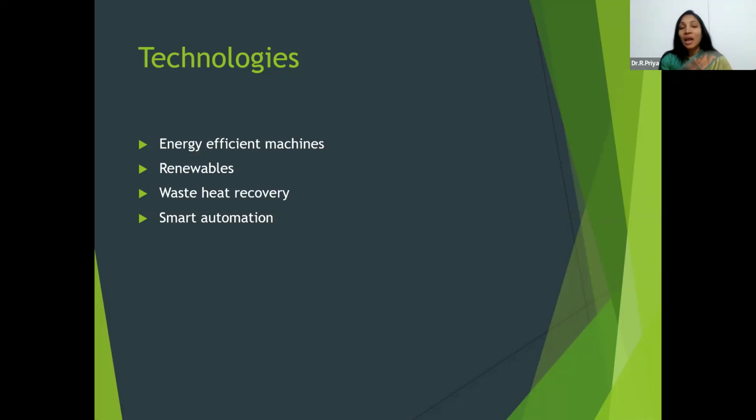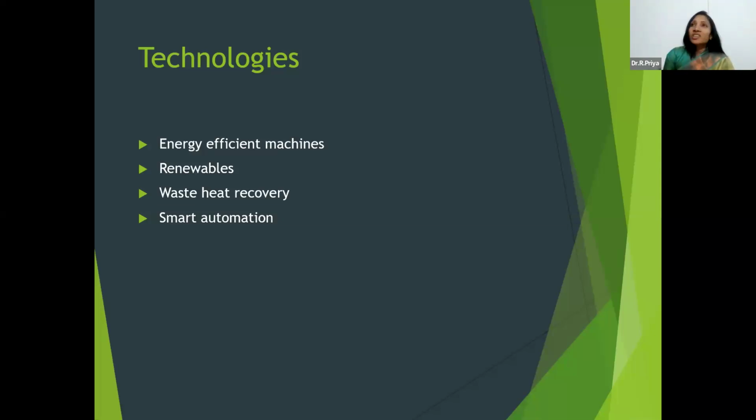Second, renewable energy. Renewable energy technologies like solar panels, wind turbines, and biomass systems are now being integrated into factories to supply clean power and reduce the dependence on fossil fuels.